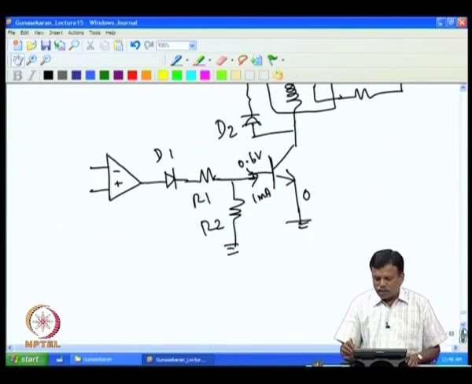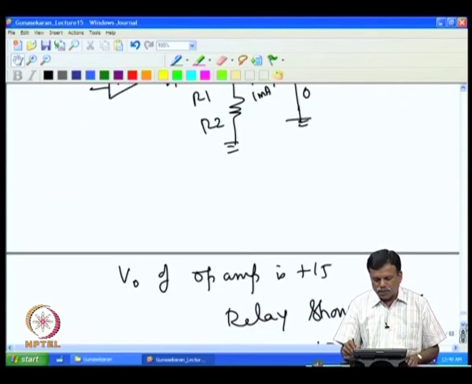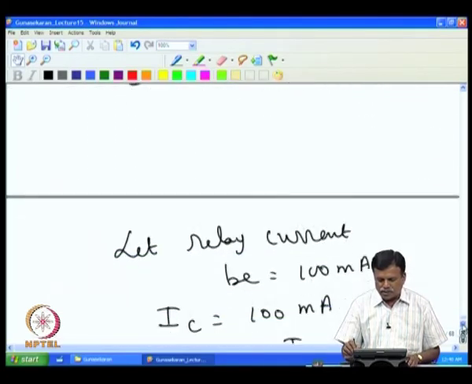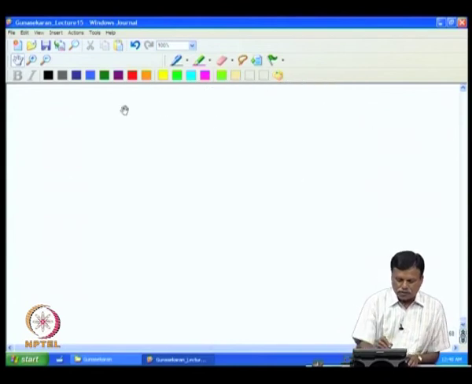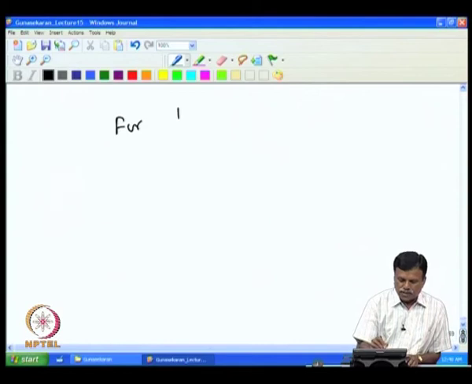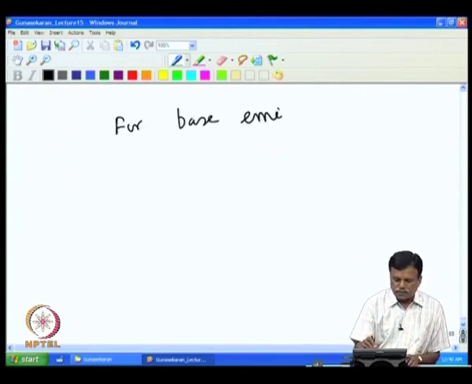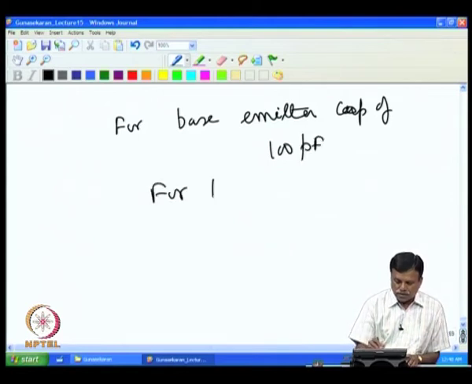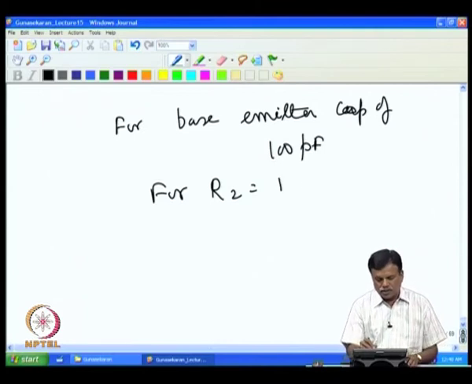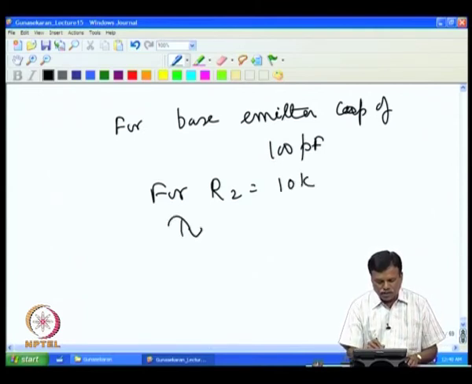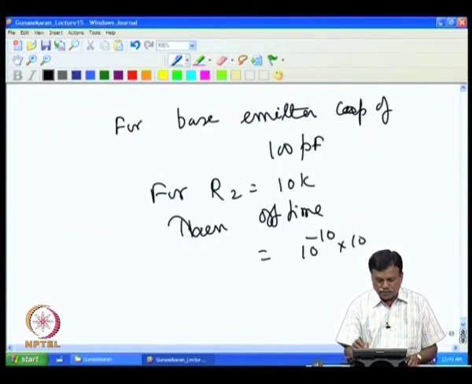So, if the base emitter capacitance is 100 pF and R2 is equal to 10K, then the switching off time comes to be 10 power minus 10 into 10 power 4, that comes to 10 power minus 6 seconds, which is quite fast.